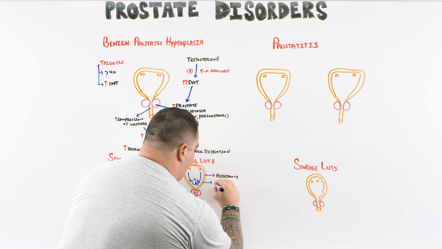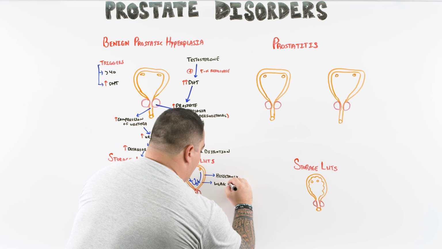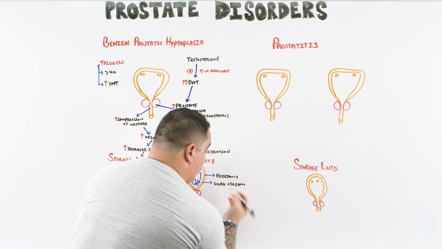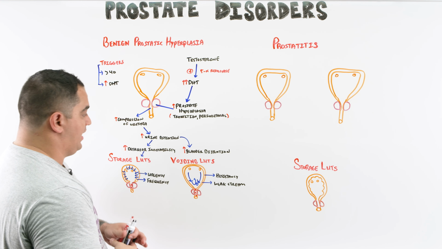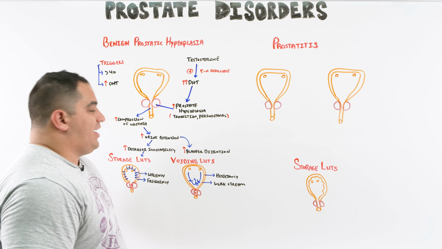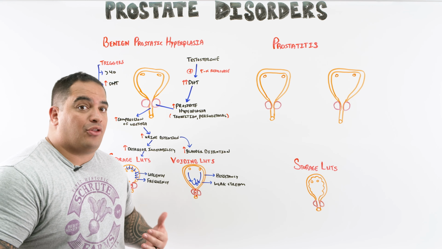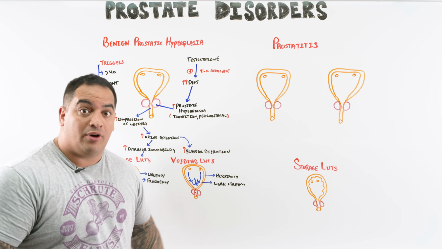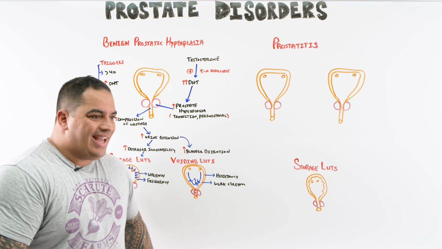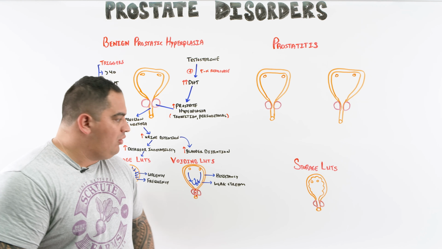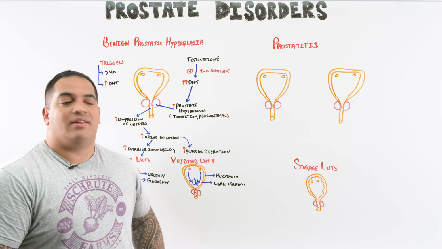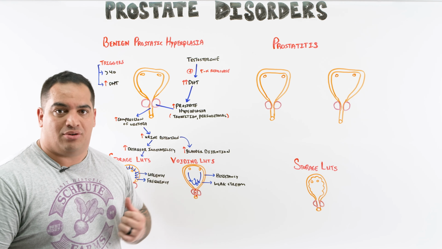So hesitancy and a weak stream. Sometimes we even say dribbling. When these patients come, they'll say, man, I really feel like I have to go to the bathroom a lot, really quickly, very frequently. When I try to go, I can't really go. And when I do, I just dribble. That's oftentimes the classic presentation for these patients.